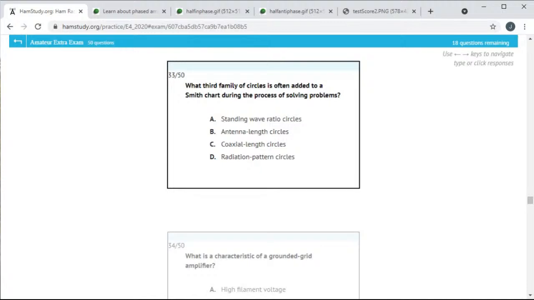D, radiation patterns. I don't know. I'm going to go with D because I don't believe it's the length, and standing wave ratio usually isn't circles.